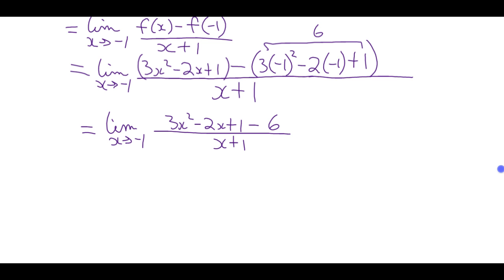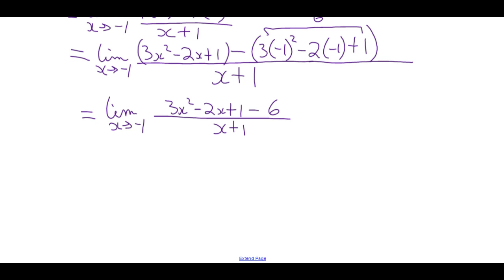Remember, I make mistakes all the time, so your job is to catch them before we get like 4 pages into a thing and say, wasn't 2 plus 2 4? All right, what do we got? 3x squared minus 2x minus 5 over x plus 1.